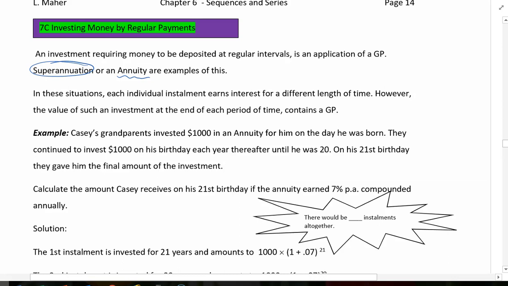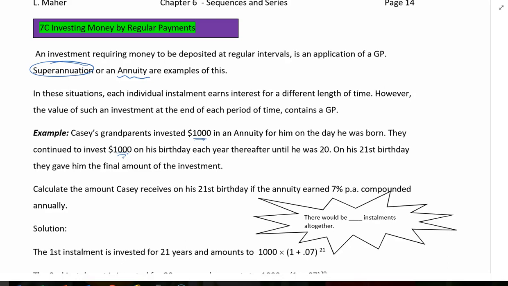Let's have a look at this example. Casey's grandparents invested $1,000 in an annuity for him on the day he was born. They continued to invest this $1,000. Remember back in my diagram, they were little money bags with the original P. On his birthday each year thereafter until he was 20.